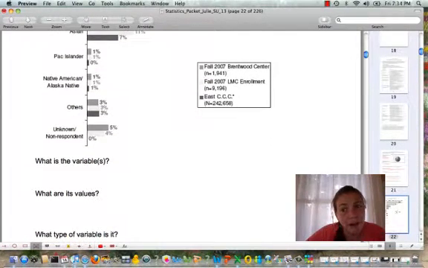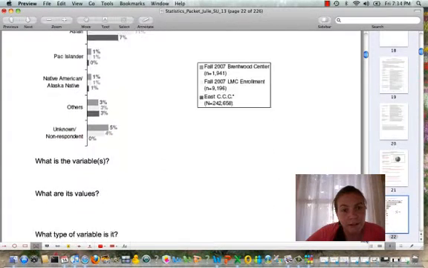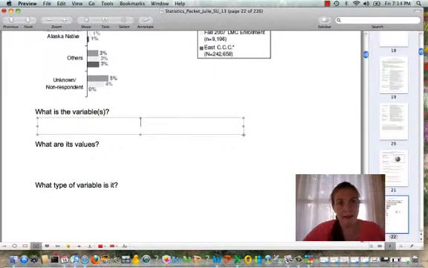So again, if we look at these categories that are now on the vertical axis, the categories are measuring ethnicities. So we'll put a text box in here to tell us that the variable being measured is ethnicity.